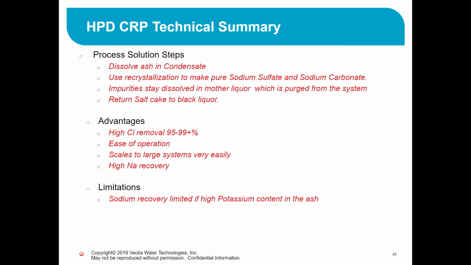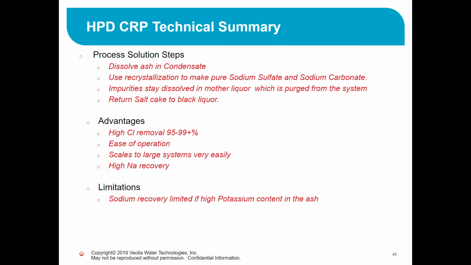Okay, this I talked about a little bit, but really what we do in the process is we dissolve the ash in condensate, use crystallization to make pure crystals. The impurities stay dissolved, which you purge out of the system, and you return the salt cake or the purified salts back into the black liquor. We have very high chloride removal, usually between 95 and 99%. It's easy to operate.